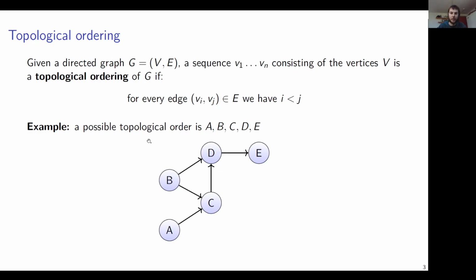So, for example, a possible topological order here is first A, so first object-oriented programming, then reasoning and logic, then algorithms and data structures, then algorithm design, and then advanced algorithms. And you see that in this order, we do the courses first that are needed in the other courses.